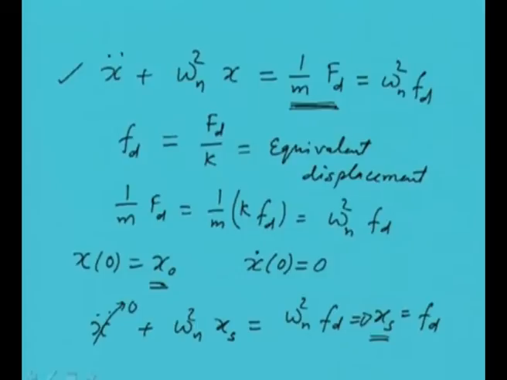Now, we will analyze the remaining part, that is x double dot plus omega n squared x equals 0, and for this we know that we have the general solution like this.